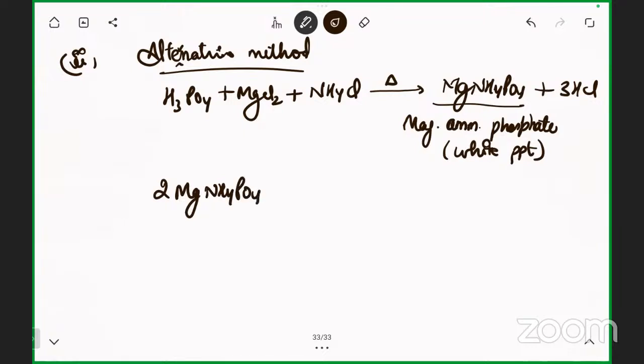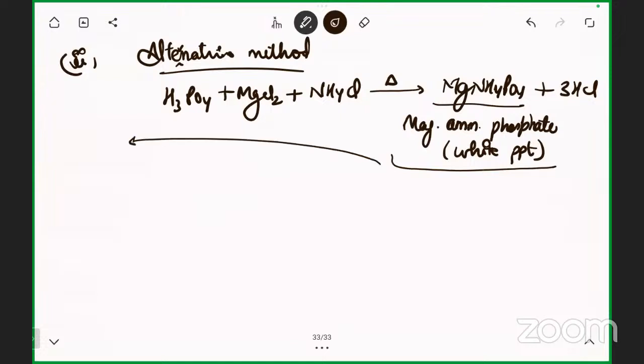Same process: first, this white PPT you filter, you wash, you dry, and then you ignite it. This is the main thing.